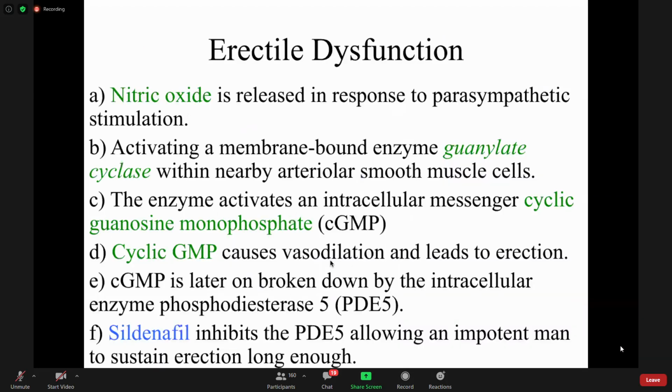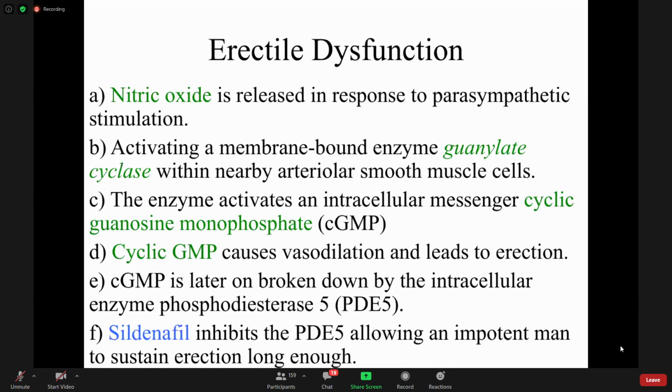And the reason is that when the penis is engorged with blood, in order for the blood to be dissipated and redistributed, we need the action of a specific enzyme. And this is the cyclic GMP.